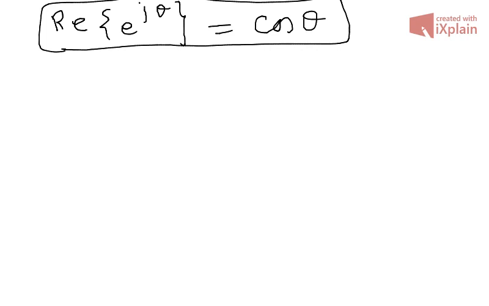Okay, with this in mind, when e raised to the power j theta is multiplied with another exponential e raised to the power j beta, it simply means that you have e raised to the power j (theta plus beta).